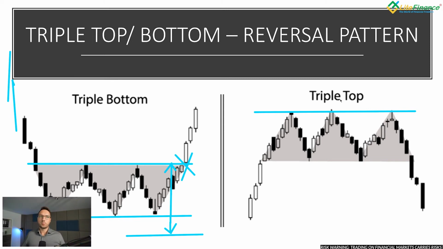The triple top is basically the same concept, but in the opposite direction. When we have a strong move to the upside, 3 consecutive tops being created, and 2 lows, draw the lines on top of them, and again take the range, add pips and spread to set the stop loss, take the range from here, and target 2 or 3 times that.